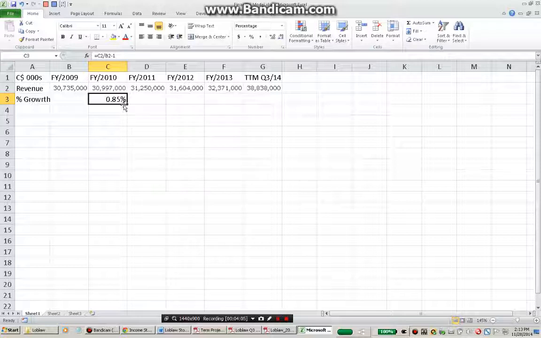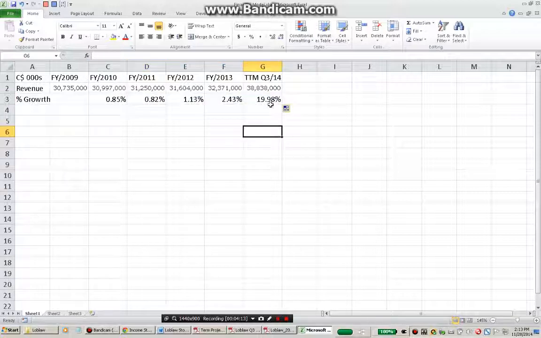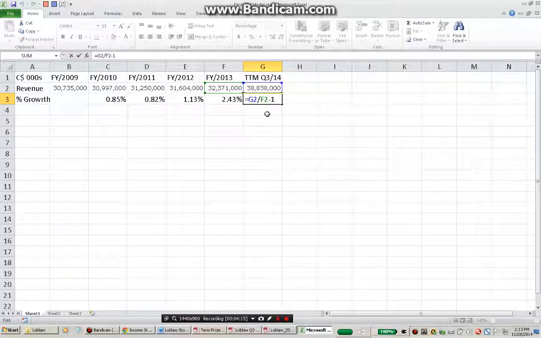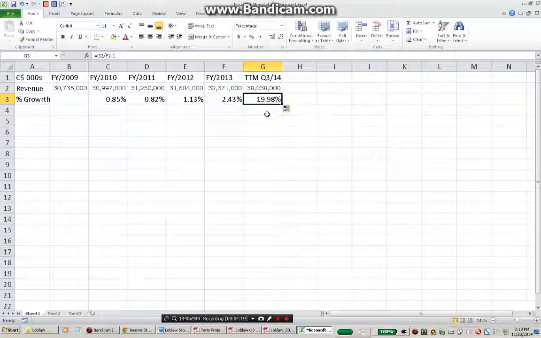Okay. I'm going to copy this formula over to here, and so on, and you can get the TTM there. Now, it's a big jump. We'll have to investigate that.